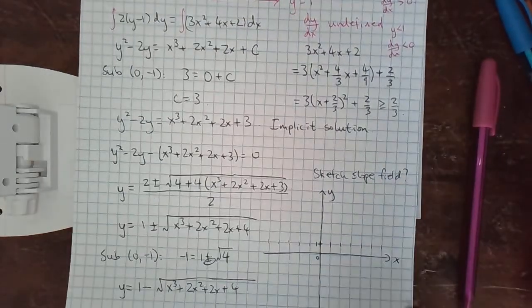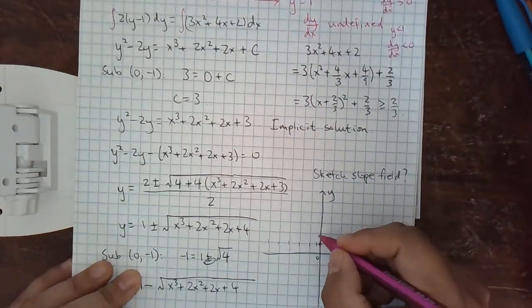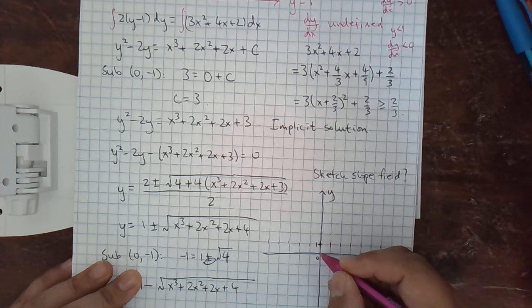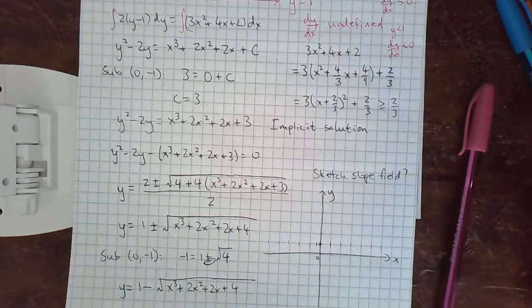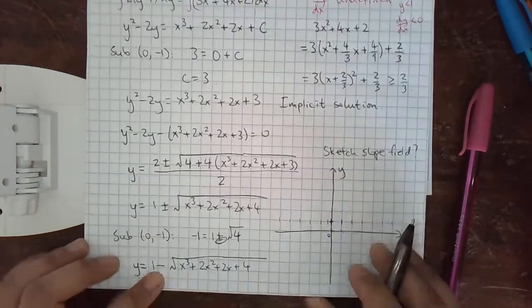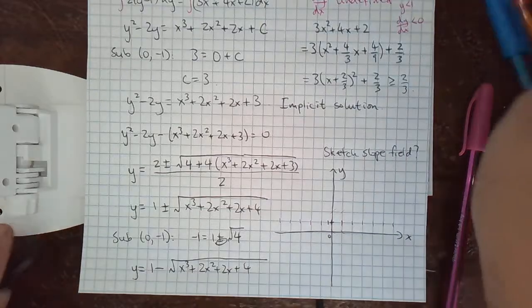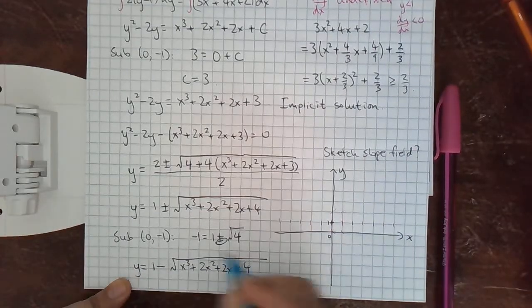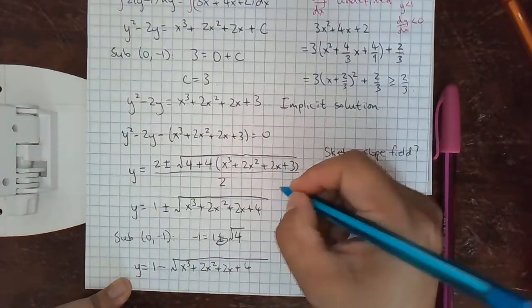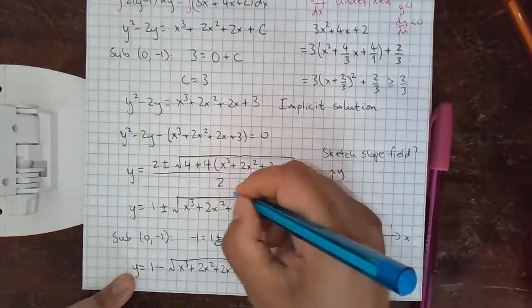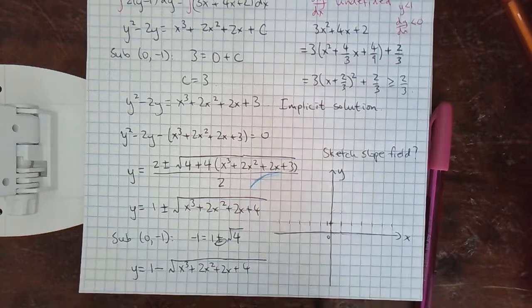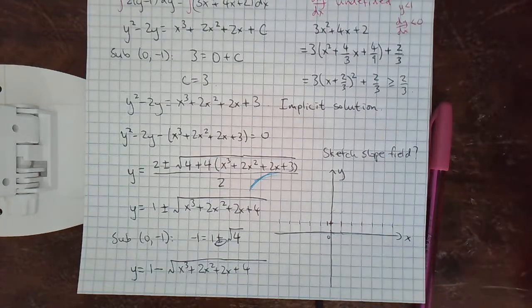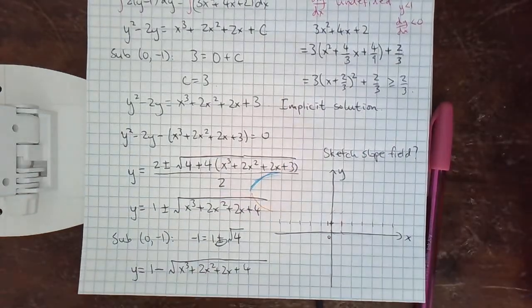Okay, so I'm expecting some sort of positive thing up here and negative thing down here. And then I'm going to cheat, and I'm going to know that the graphs of these guys, because these are my solution curves, the plus or minus, will look, it's got a root in it, and if I go on Wolfram Alpha or something and graph it, it looks like that for the plus, or that for the minus.